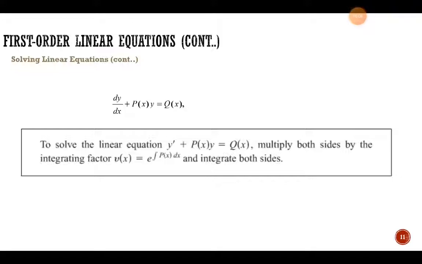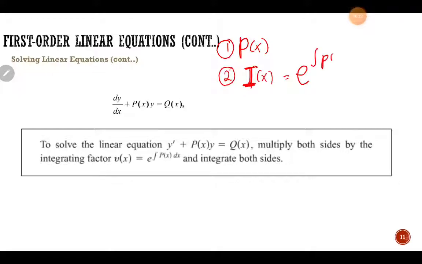So what is important is that you must know what P(x) is. Second, you need to find the integrating factor. I use I to make it easier. The integrating factor equals e to the power of the integration of P(x) with respect to dx.